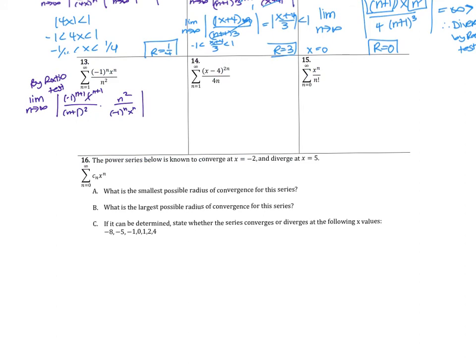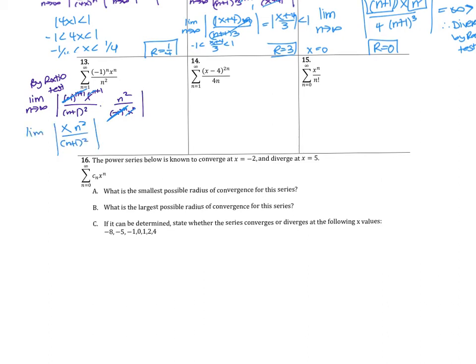For number 13, I included the alternating piece inside of absolute value, but you really don't need to do that because it doesn't matter. No matter what, it's going to be 1 or -1, and then we're going to make it positive when we take the absolute value. So the alternating part here is pretty irrelevant. What can we simplify? x to the n and x to the n plus 1 is going to leave us with just x in the numerator, n squared in the numerator, n plus 1 squared in the denominator.